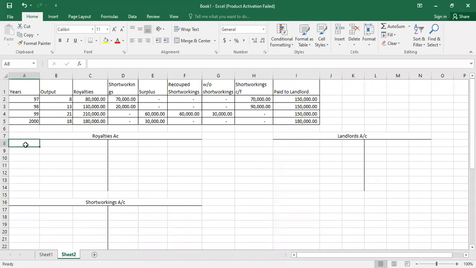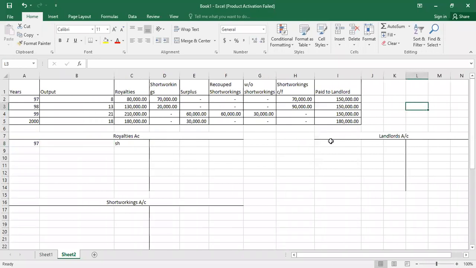Very well. So we start. We are in our year 1997. The books here are closing us at the end of the period, and our amount is in shillings. Should make this cell a bit wider, and this one.